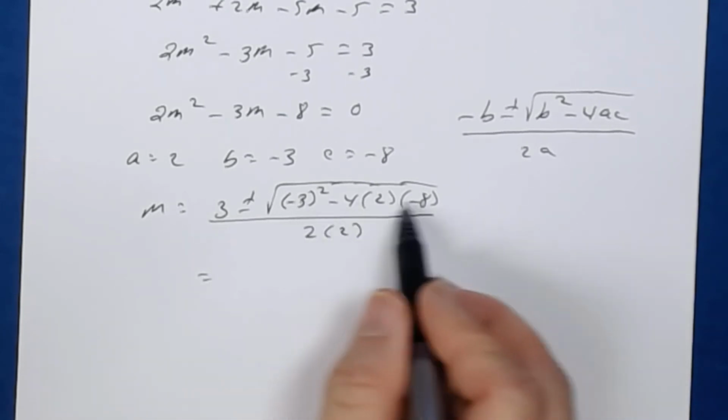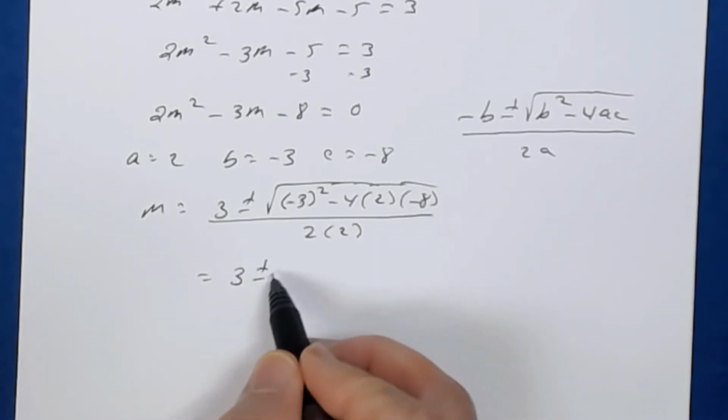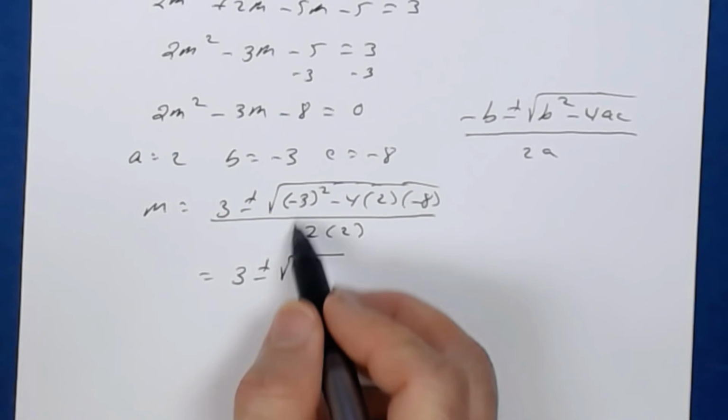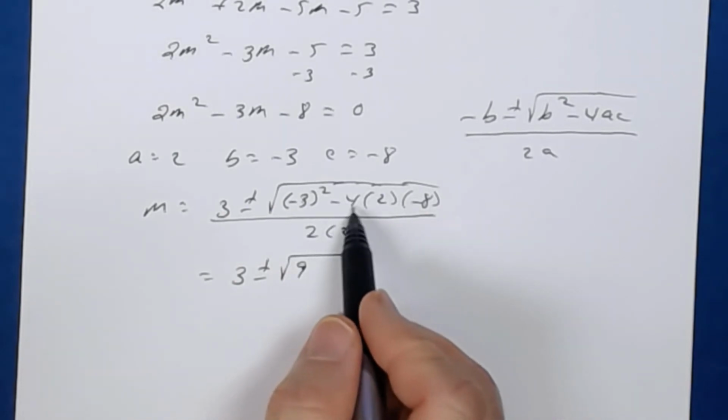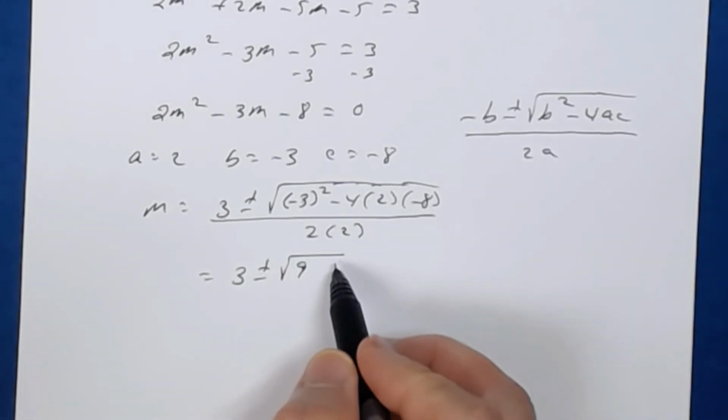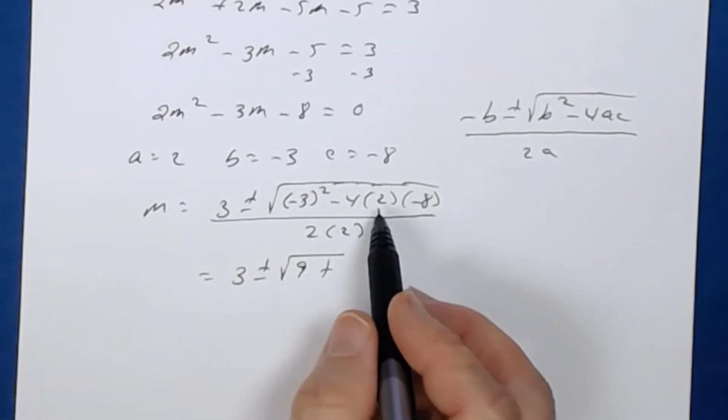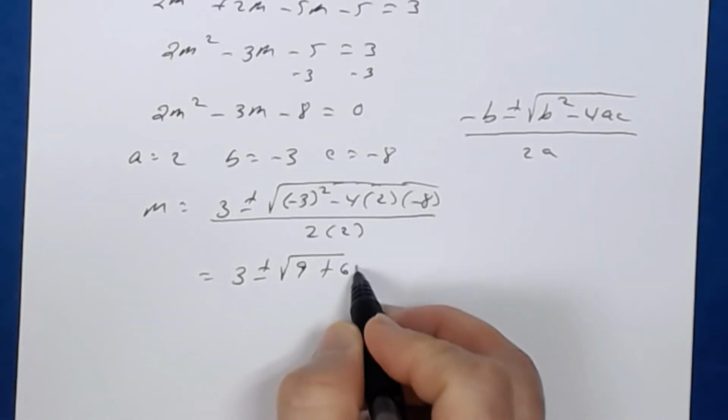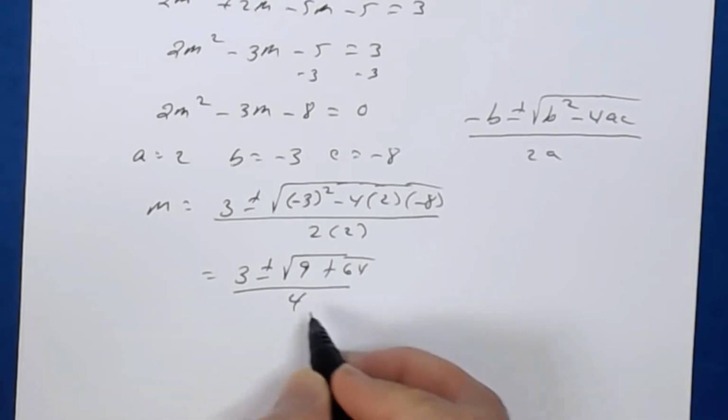Simplifying the radicand, I get 3 plus and minus the square root of 9. Negative 3 times itself is 9. A negative times a positive times a negative is a positive. 4 times 2 is 8, 8 times 8 is 64, all divided by 4.